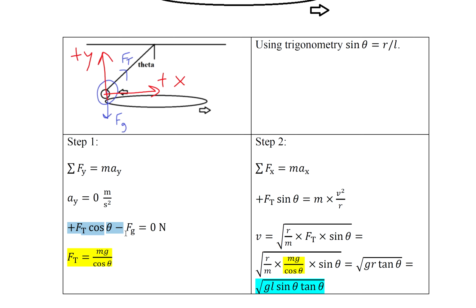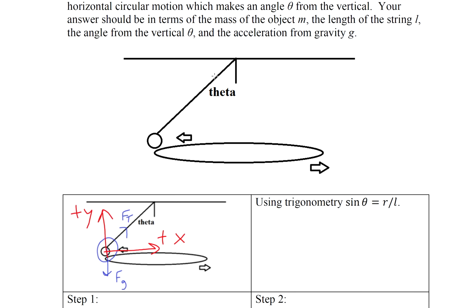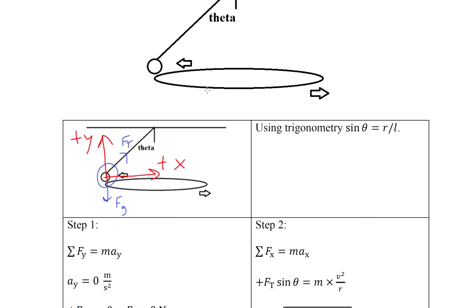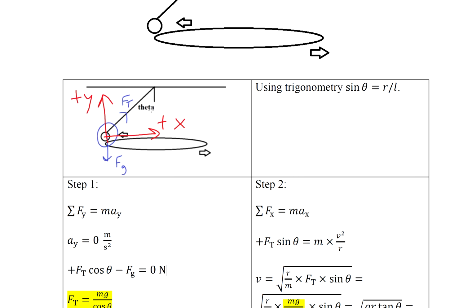We have force tension cosine theta minus force of gravity equals 0. Now the reason why it's cosine theta is because theta here is from the top. So that theta from the top is going to be from the vertical if we're looking at the object.